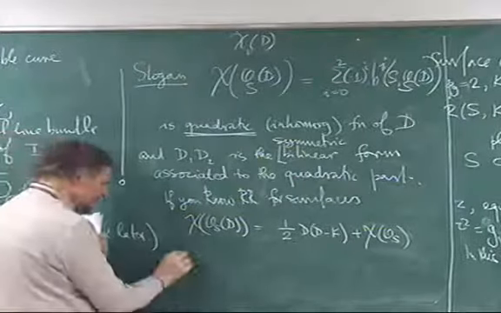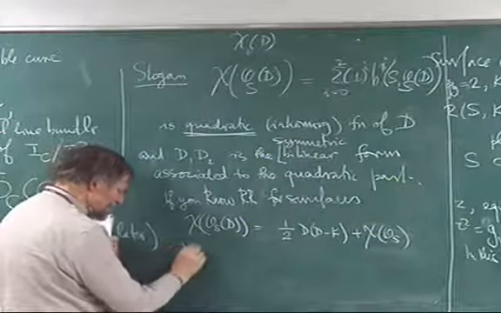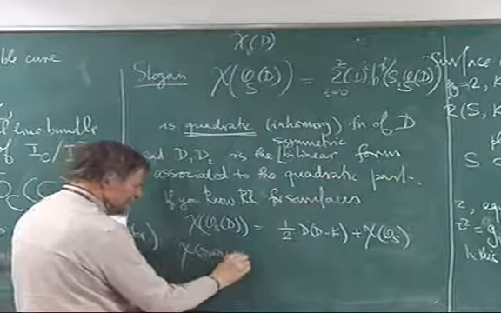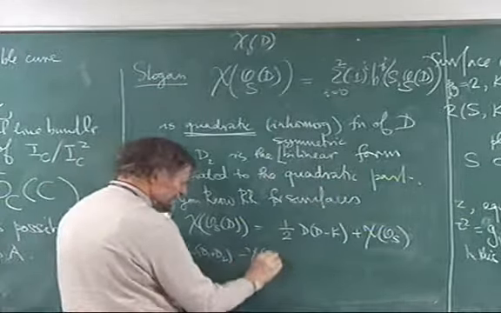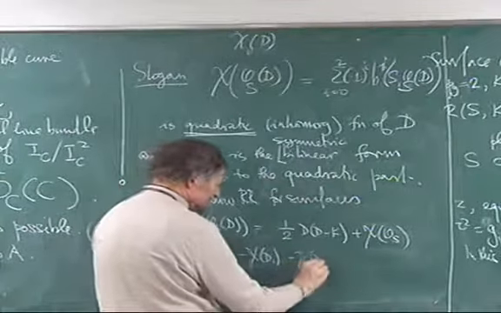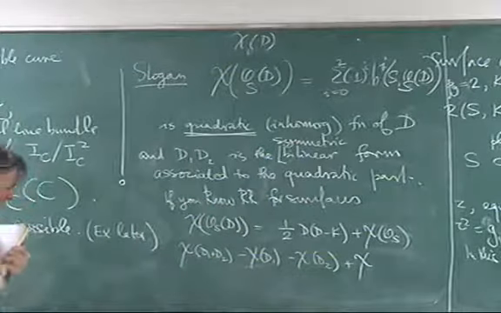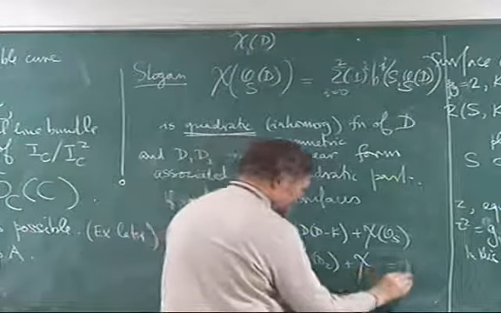If you calculate chi of (D1 plus D2) minus chi of D1 minus chi of D2 plus chi of O_S, you will find that this is equal to D1 . D2.